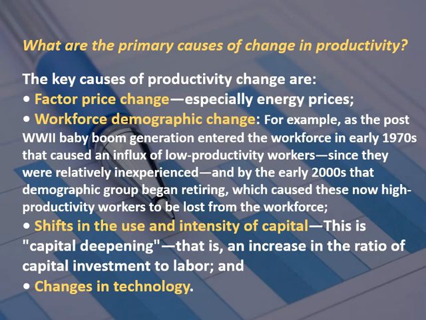And by the early 2000s that demographic group began retiring, which caused these now high productivity workers to be lost from the workforce. 3. Shifts in the use and intensity of capital. This is capital deepening, that is, an increase in the ratio of capital investment to labor. And 4. Changes in technology.